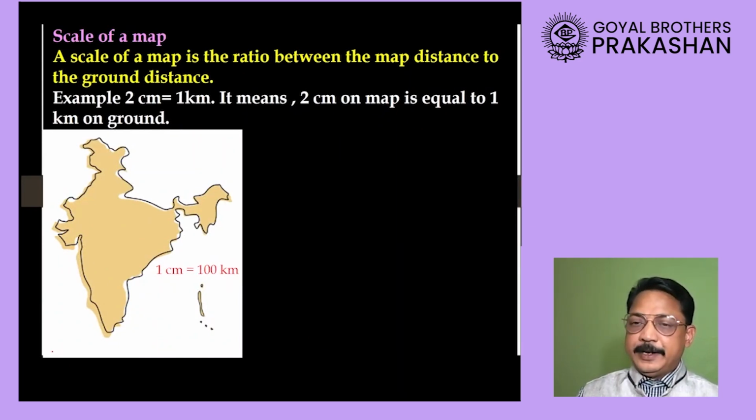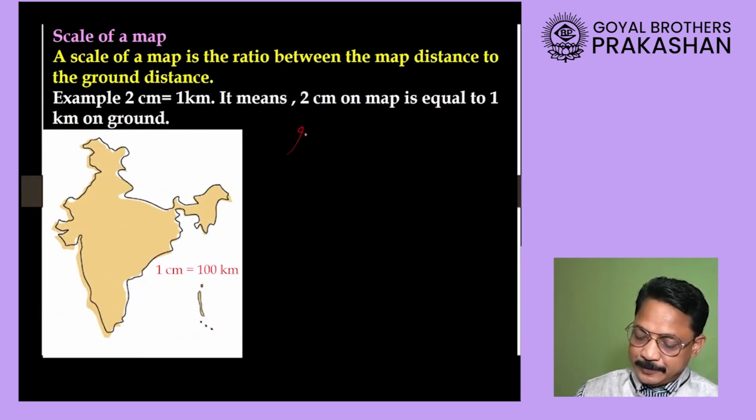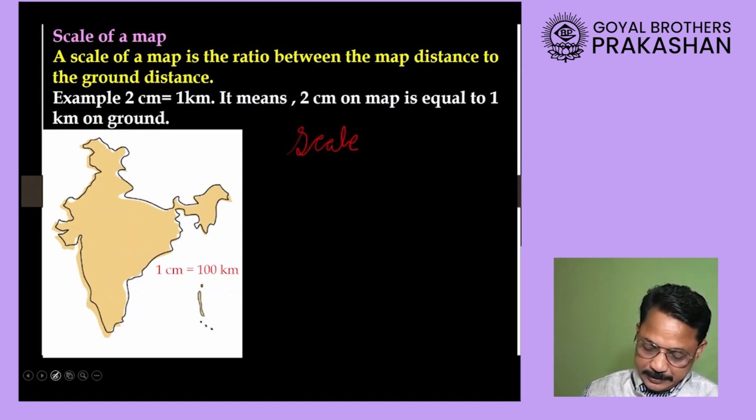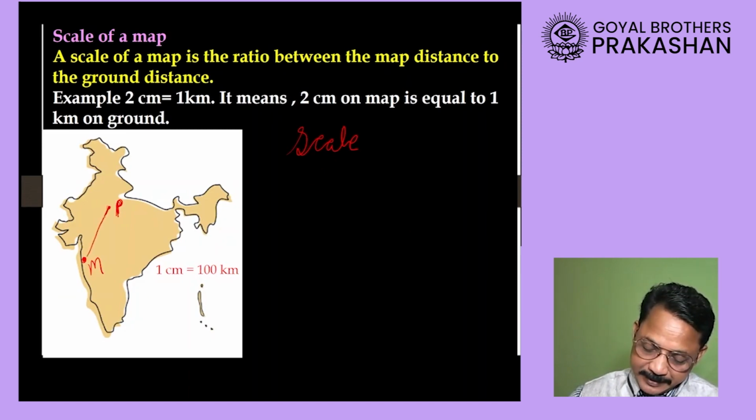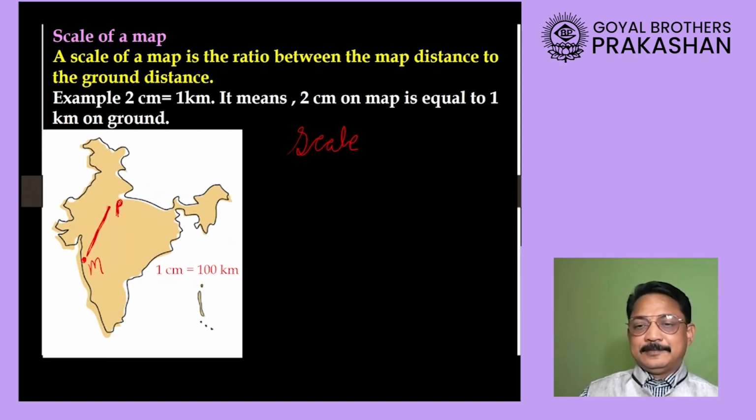Now, a very important topic is the scale of a map. Now, dear students, suppose I ask you that here is a city called Mumbai, and here is another city called P, some city XYZ, and how much is the distance between these two places?